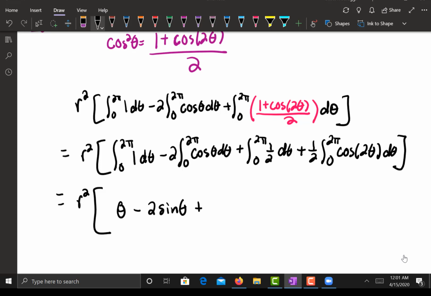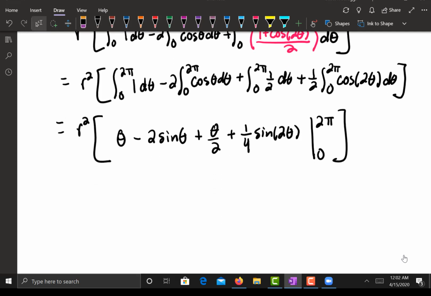The antiderivative of 1/2 will be theta over 2. And then the antiderivative of cosine of 2 theta will be sine of 2 theta divided by 2, and with that 1/2 up front, it will give me 1/4. All of that evaluated from 0 to 2 pi.